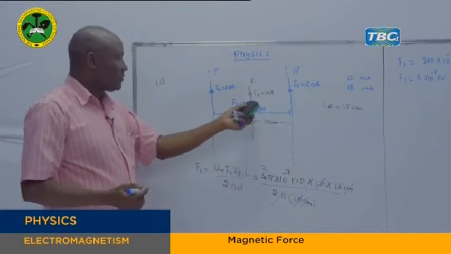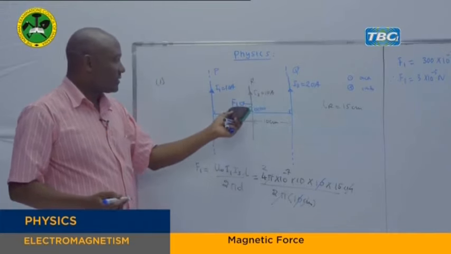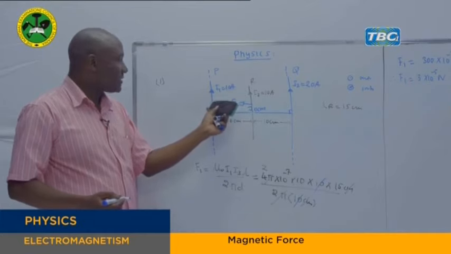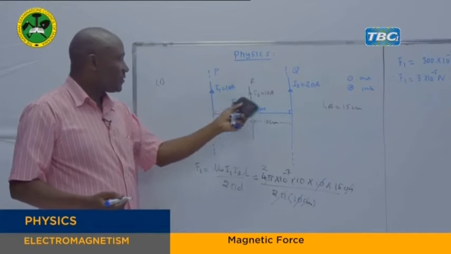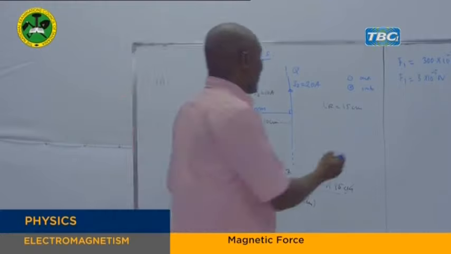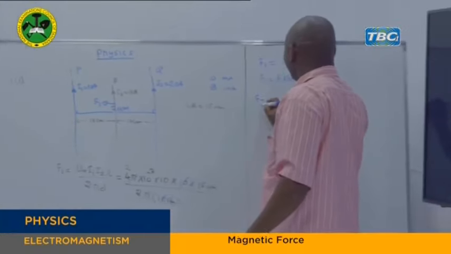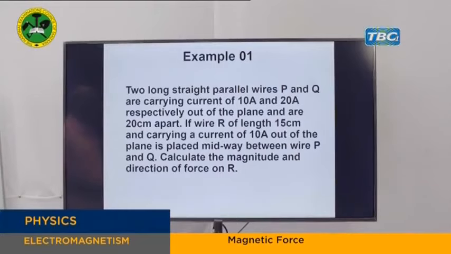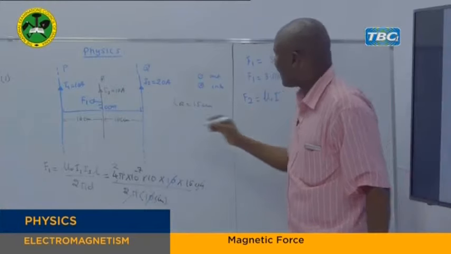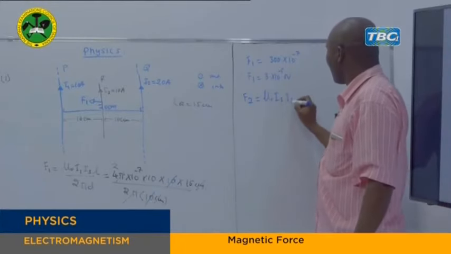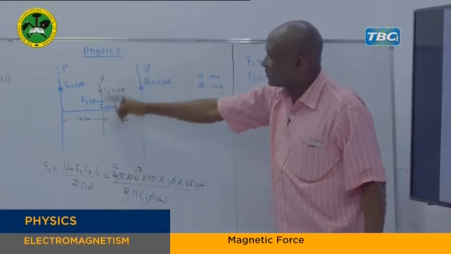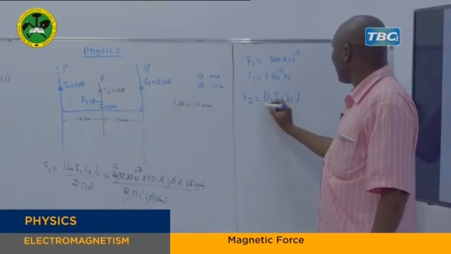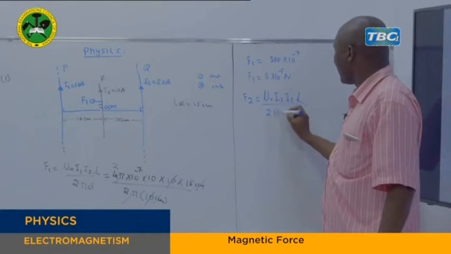And this will be attracted by this force, which is F1, and there will be another force here from P due to R. Now, how do you find F2? F2 is the same as mu naught I3 I2 times the length, since you're looking for the force on this R, over 2 pi d.